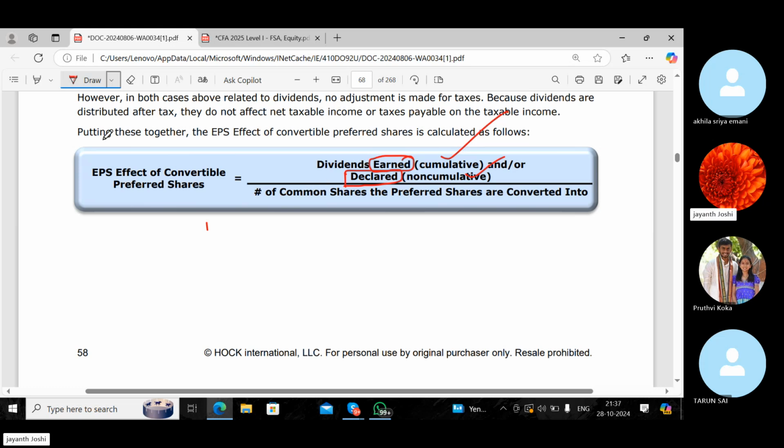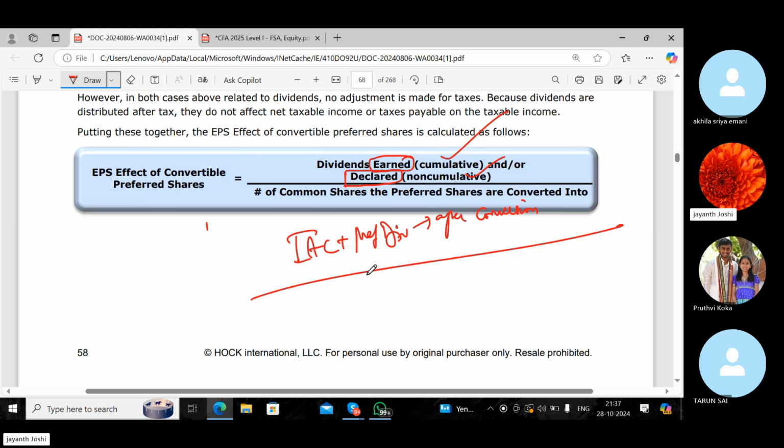Now in the numerator we will add to the IAC the preference dividends after conversion. And in the denominator, to the Vanso, we add the convertible preferred stocks or shares.